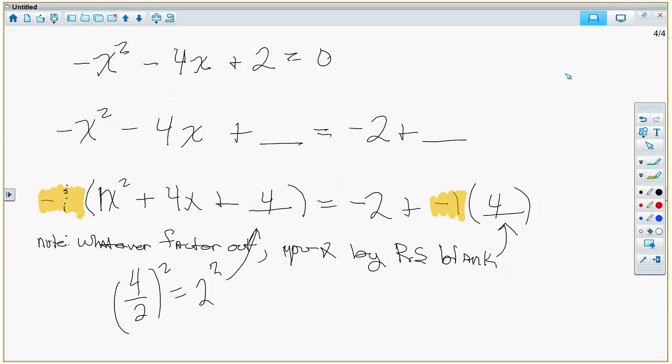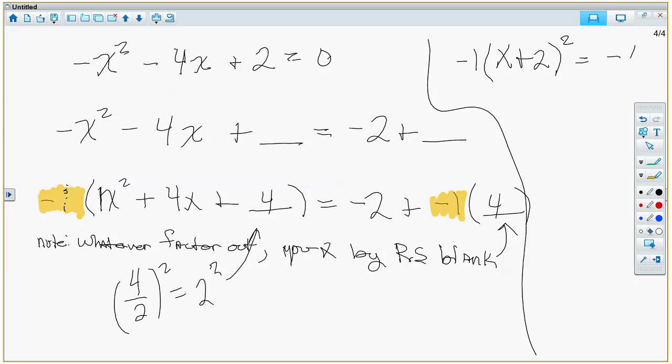All right, so here we go. Negative 1 times the quantity x plus 2 squared equals negative 2 minus 4, is what? So now, what is the vertex? Well, the y-intercept is 2.